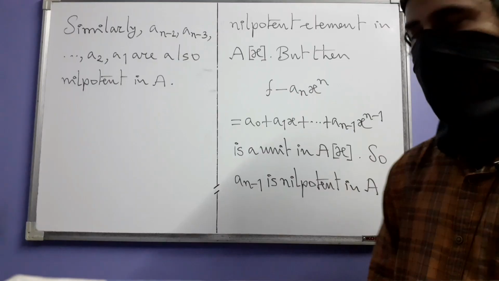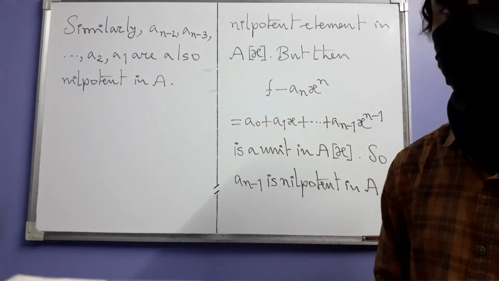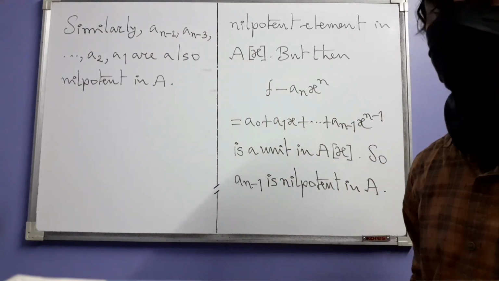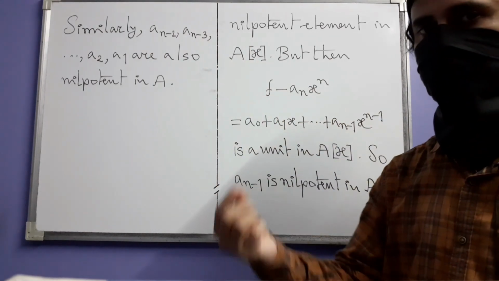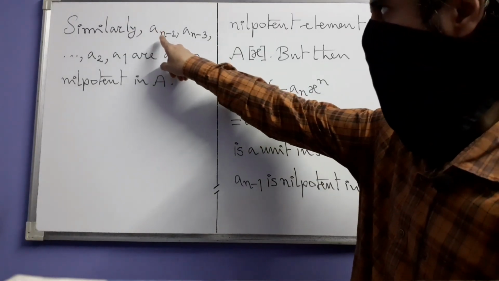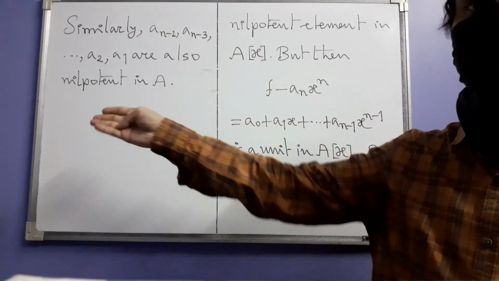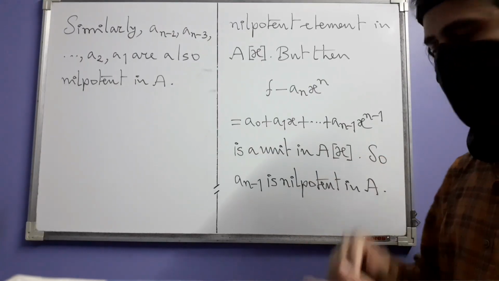Because the pattern is now clear, we just simply write similarly the other coefficients. I have written them in this order, not starting from a1, because that's how things are going. First we said that a_n is nilpotent, then a_(n minus 1). That's why the next one is a_(n minus 2), a_(n minus 3), all the way up to a1. These are also nilpotent, and that completes the proof.